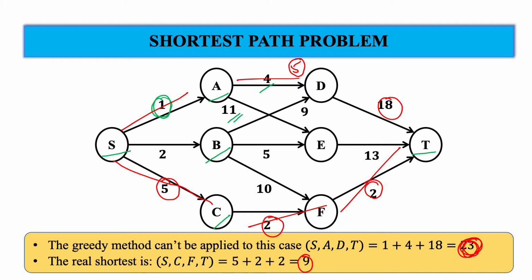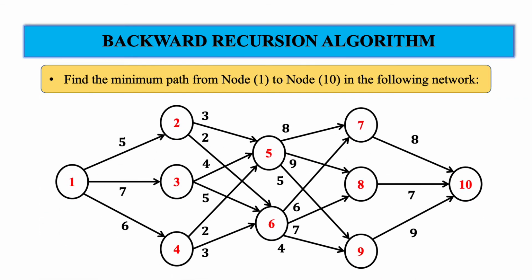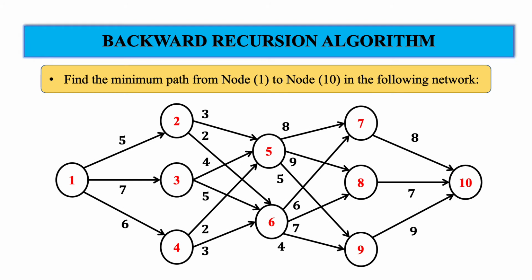So how can we find out the shortest distance if we have a complicated network? So if we have this type of problem, how do we find out the minimum distance or the shortest distance from node S to T? Okay, so let's see. Suppose we have to find out the minimum distance from node 1 to node 10 in the following network. So here is node 1, here is node 10.